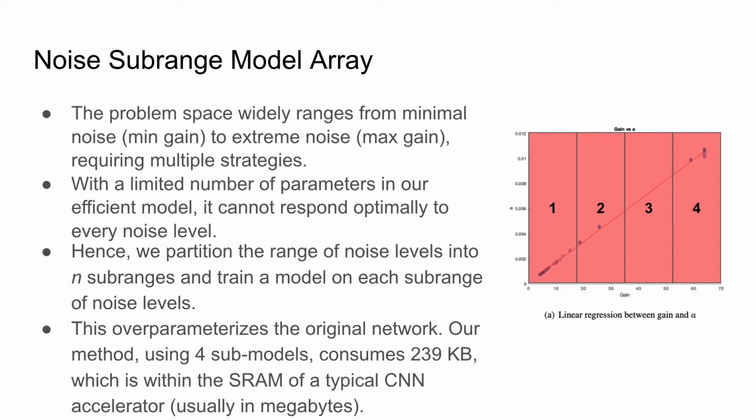And while this increases the number of parameters of our network fourfold in our case, it still only consumes 239 kilobytes, which is still within the SRAM size of a typical CNN accelerator, which is usually in megabytes. This means that although the parameter count is increased, there still is no DRAM spill caused by the increase in parameters, which means that there is negligible impact on the runtime due to this increase in parameters.